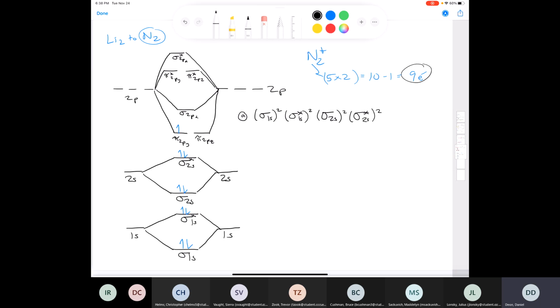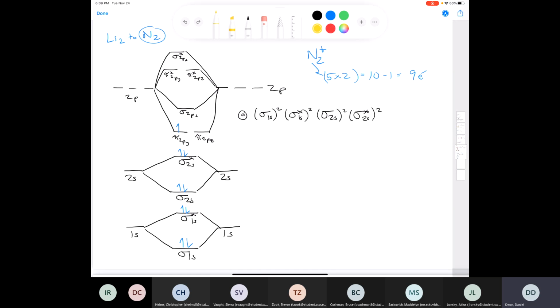Nitrogen has a total of 7 electrons. Sorry, I left out the core electrons. Basically, if you're wondering what mistake Mr. Dion made, the mistake I made is this. When I said 5 times 2, 10 minus 1, I was just dealing with this part of the diagram right here. I left out the 1s.